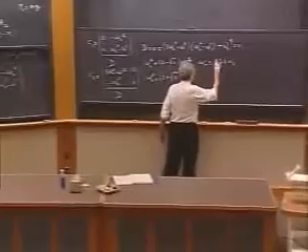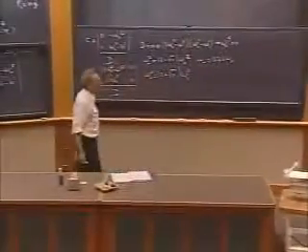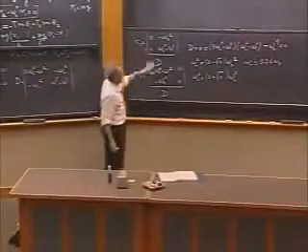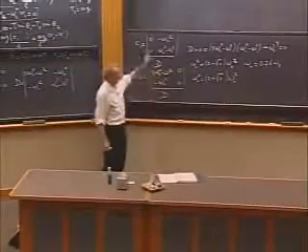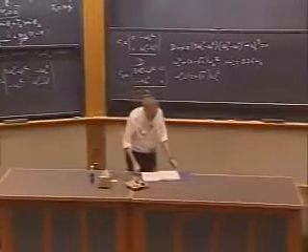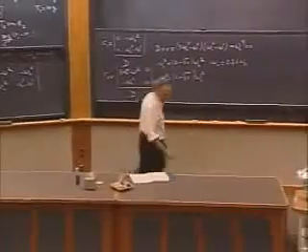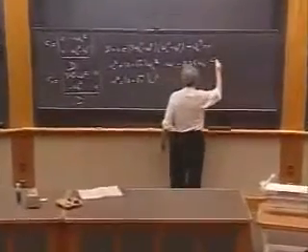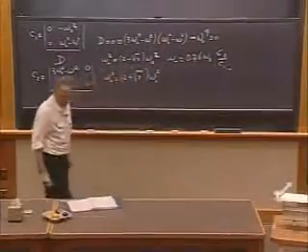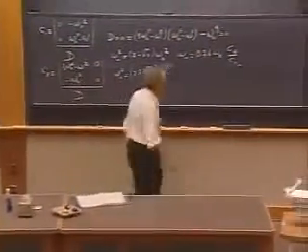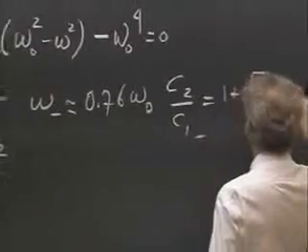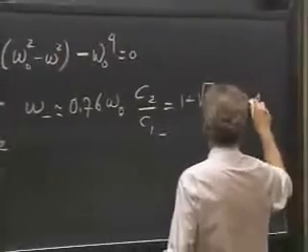And then I can substitute this value for omega either back into my equations, or back into this one if you want to. You get 0 divided by 0, which is not going to be 0. And you're going to find that C2 divided by C1 in that minus mode, in that lowest possible mode, is 1 plus the square root of 2, which is approximately plus 2.4.